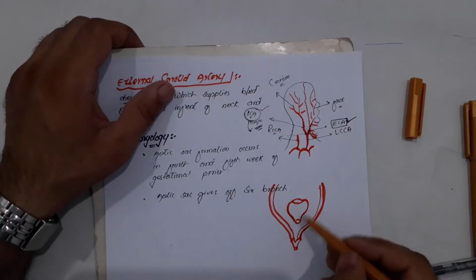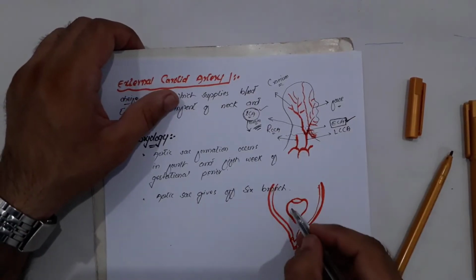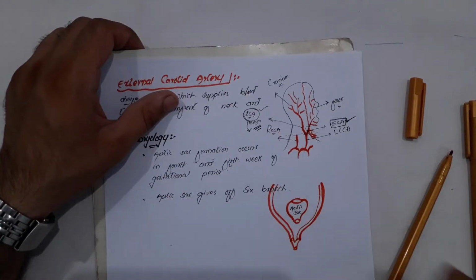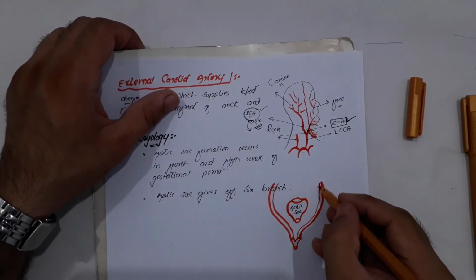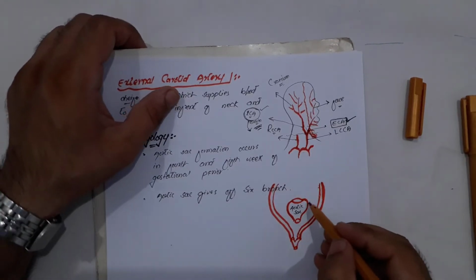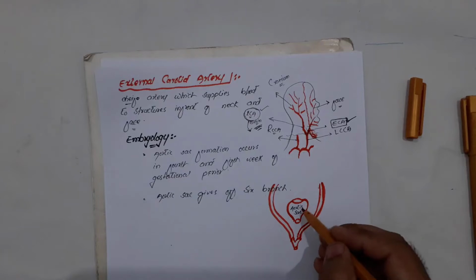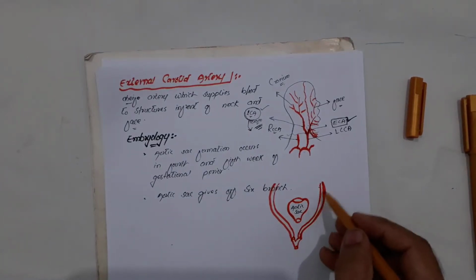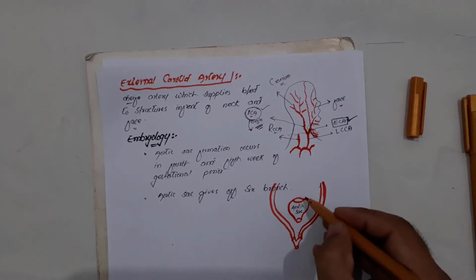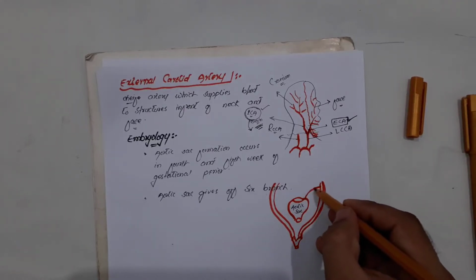Now look, this is the aortic sac. From this aortic sac, 6 branches arise and they connect this aortic sac to these two aortae, which are present on the right and left side. So this is the first branch, for example.